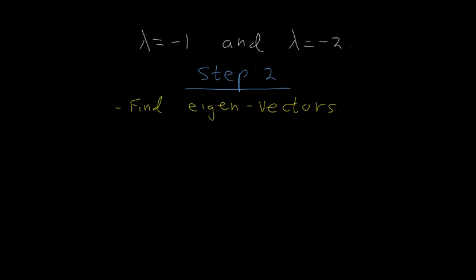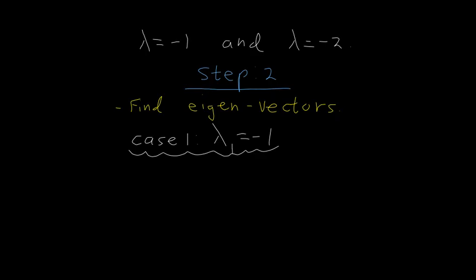So I'm going to put over here case 1. Case 1 is when we had eigenvalue lambda 1 equals -1. For each eigenvalue, we're finding an eigenvector. So at lambda 1 equals -1, we just put it into our equation.